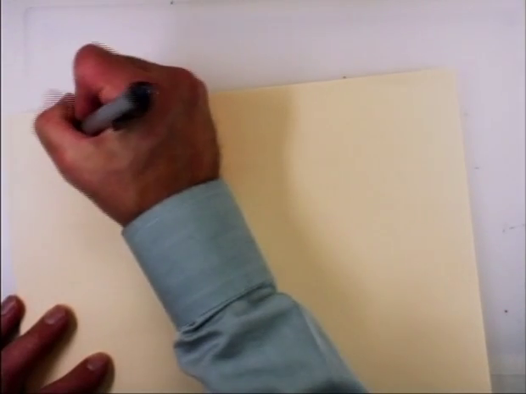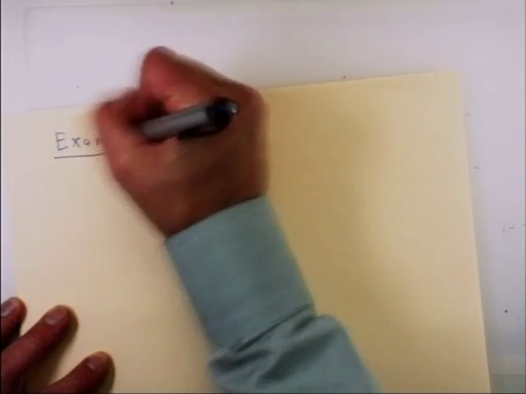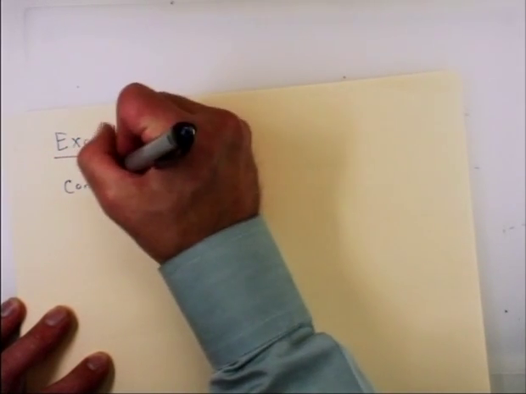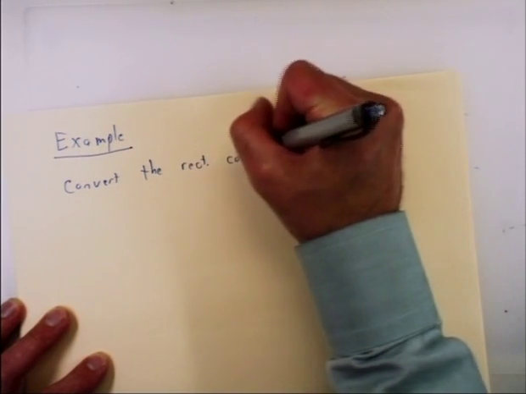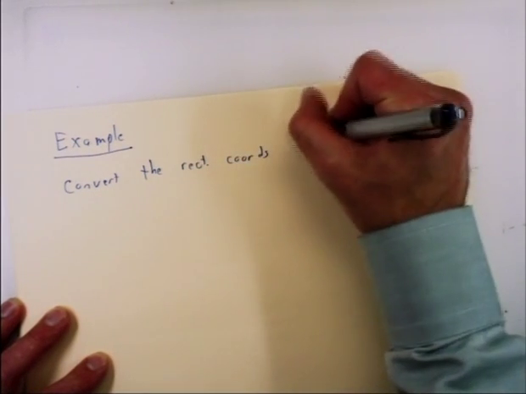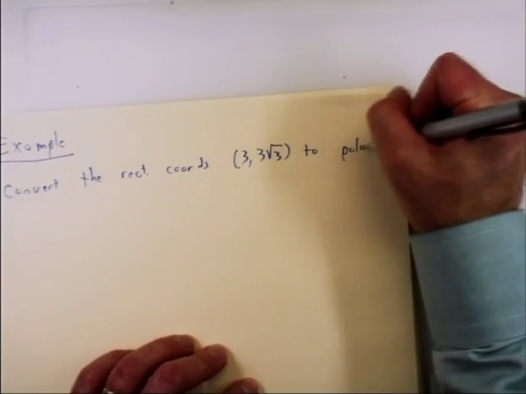In fact, let's start with something almost like what we looked at before. Let's say convert the rectangular coordinates (3, 3 over 3) to polar coordinates.